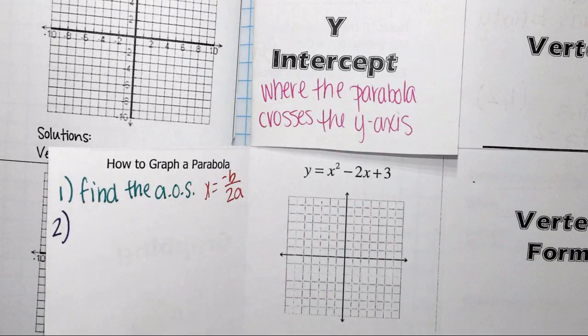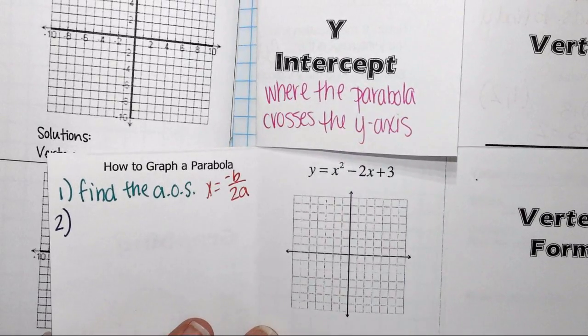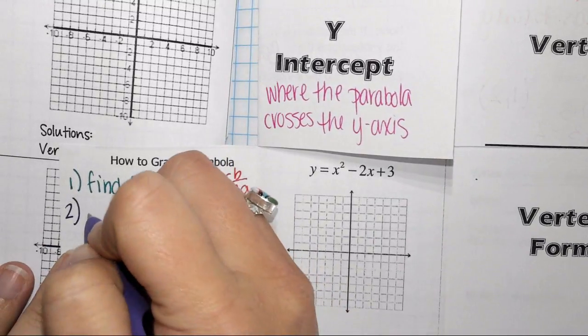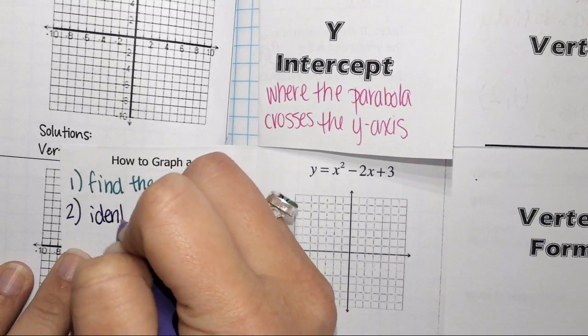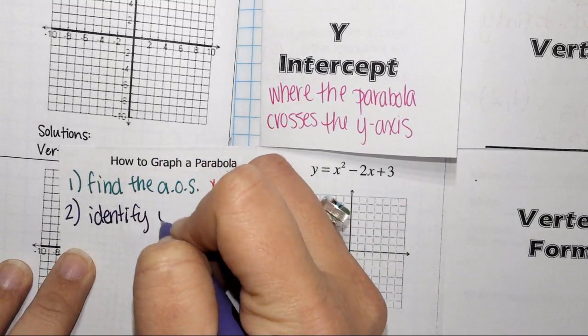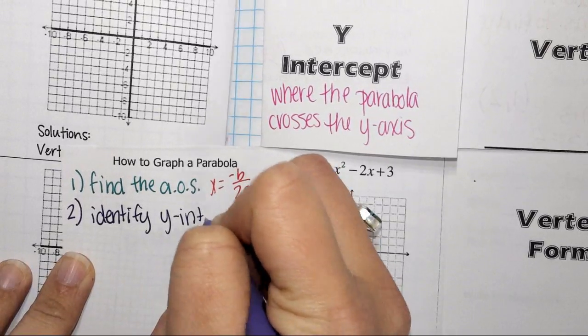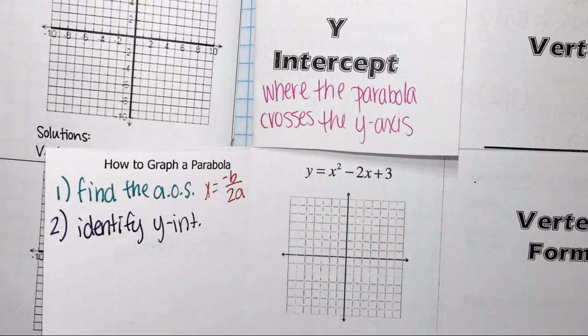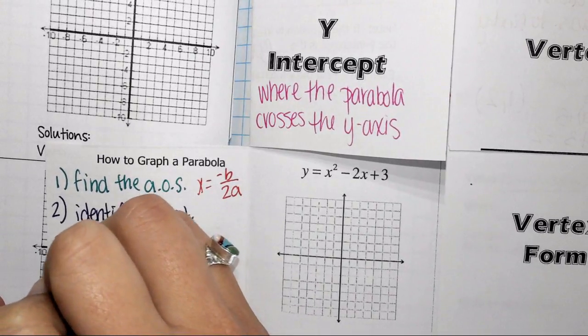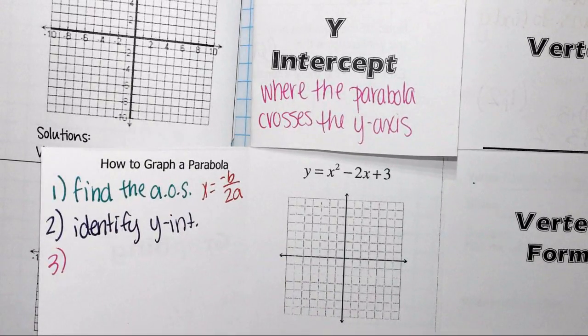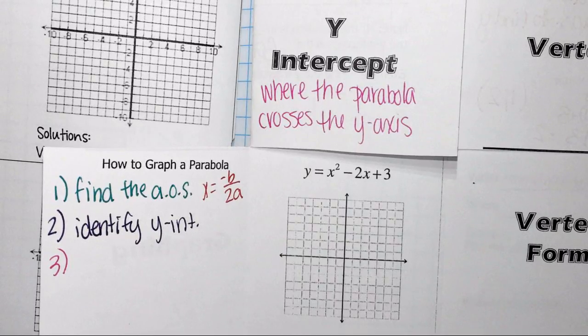Okay, so the first thing we do is we find our axis of symmetry. The second thing we did was identify the y-intercept. What was the third thing we did? We found the vertex.